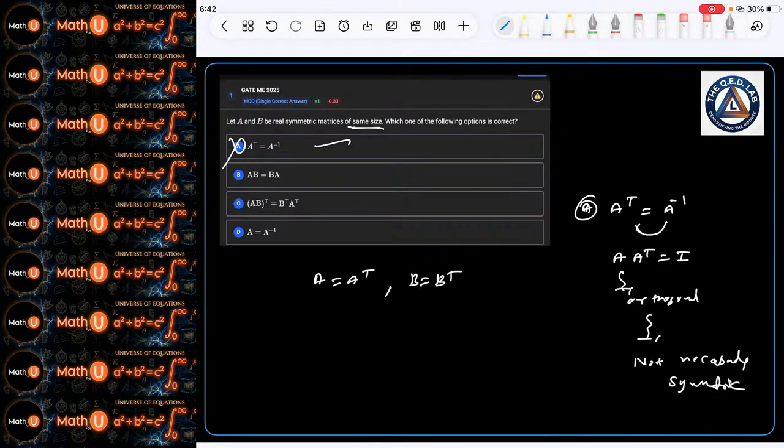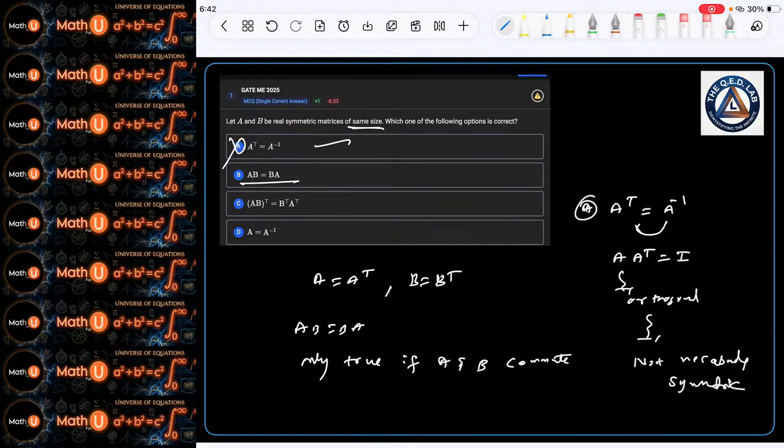And AB is equal to BA. This is only true if A and B commute with each other.